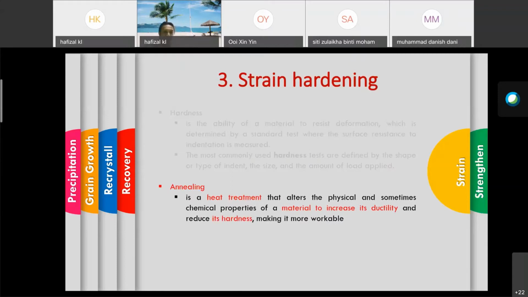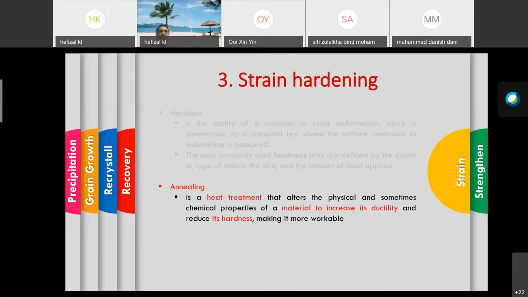And then we have the annealing. The annealing is basically a heat treatment. We introduce heat at different temperatures, whereby it will alter the physical and sometimes the chemical properties of the material. At that position, the material will increase in ductility and reduce its hardness, making it more workable.